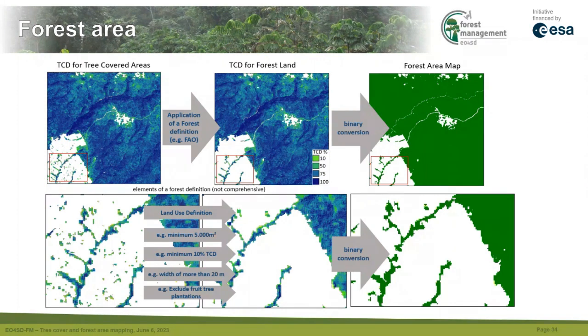And we can, of course, apply even more parameters, as shown in the figures below. So, for example, we can use the parameter of width of more than 20 meters, 30 meters, whatever we want to use, minimum size of the patch, and minimum TCD, etc.